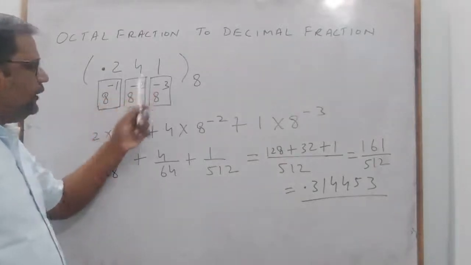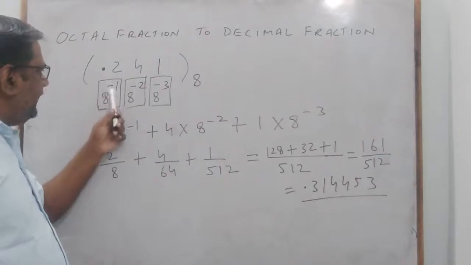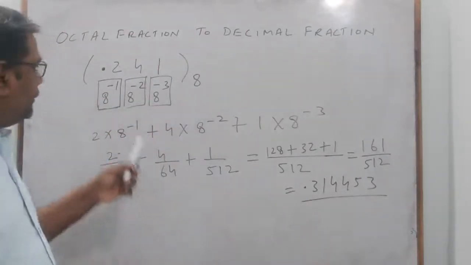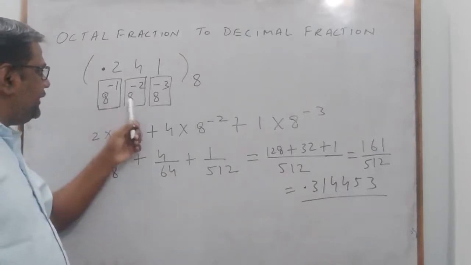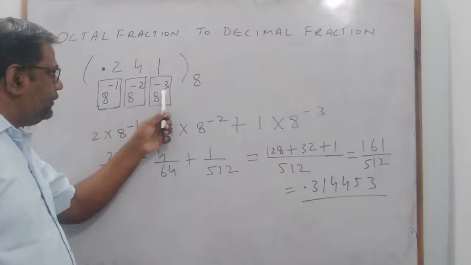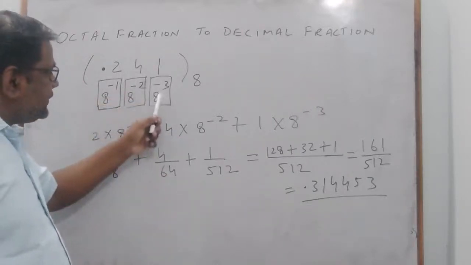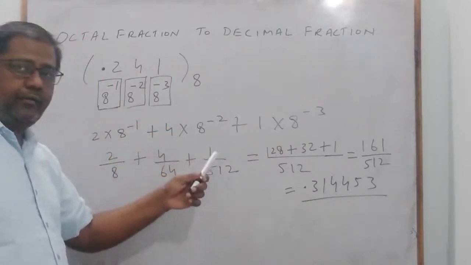Whenever you are taking an octal number, you will take -1, -2, -3, and since you are working in the base of 8, you are going to take its power: 8 to the power -1, 8 to the power -2, 8 to the power -3. You will multiply each of these corresponding values and evaluate.